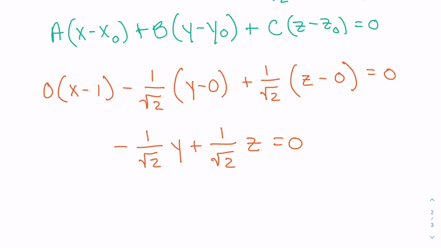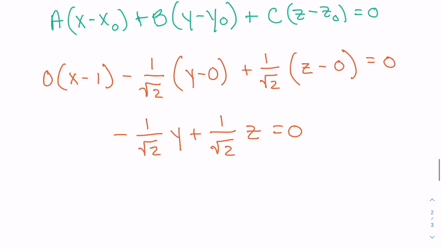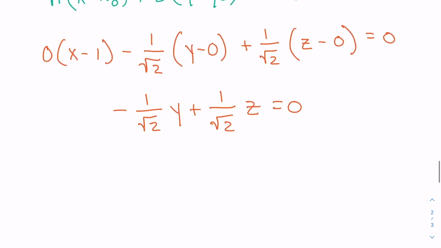And then I believe we could simplify this even further. Oh yeah, just multiply each side by negative square root of 2. So that just becomes y minus z equals 0. So that's the equation of the osculating plane.